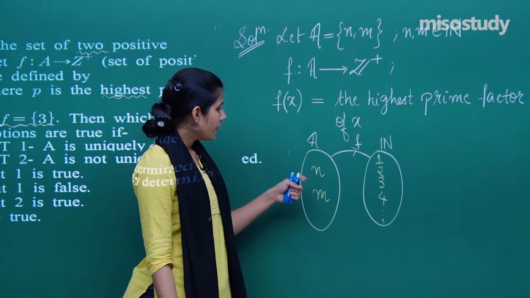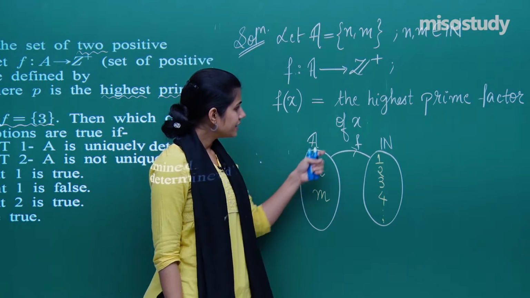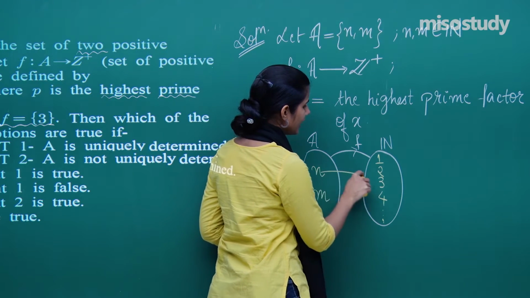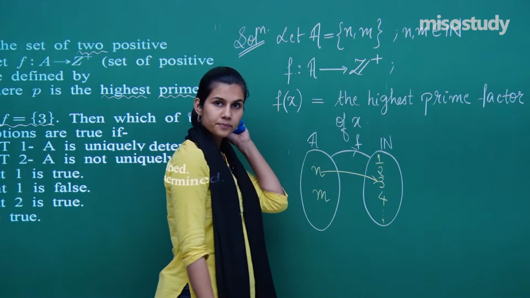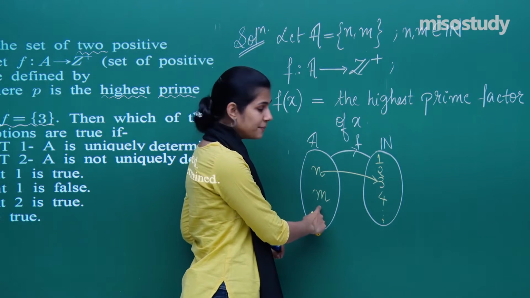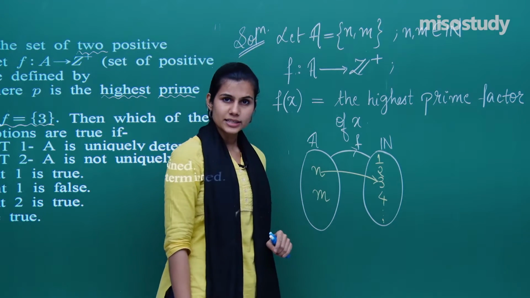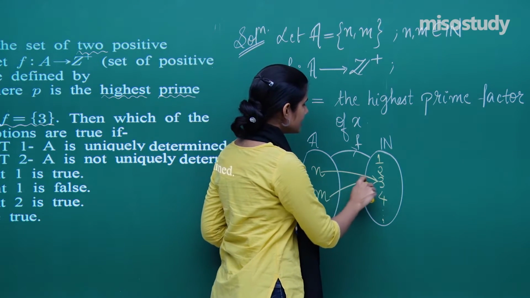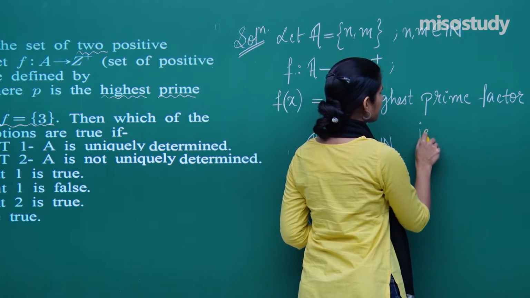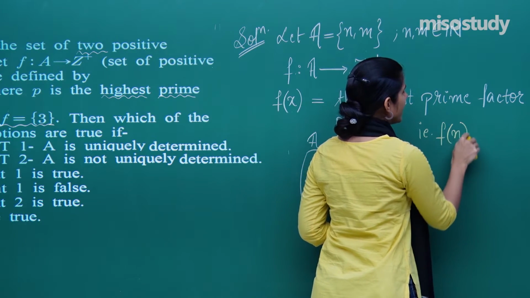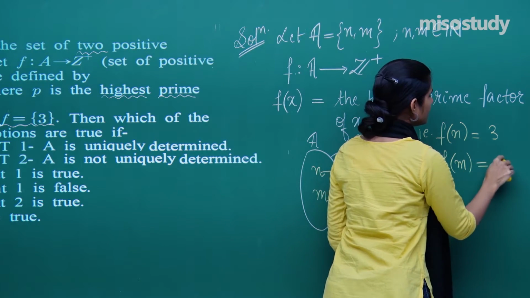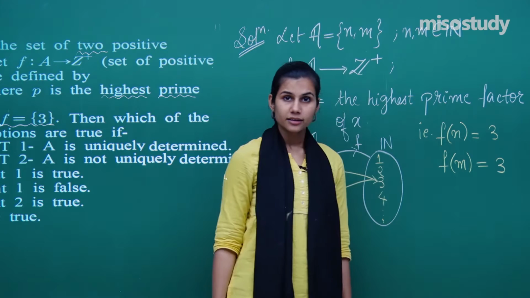That means when this small n enters as input inside f, the function f delivers the output as 3. And when the next positive integer m enters as input inside f, the output delivered is again 3. That means f of n is 3 and f of m is also 3.